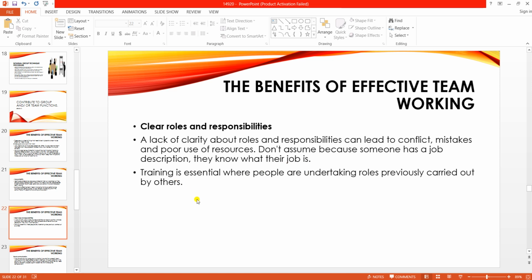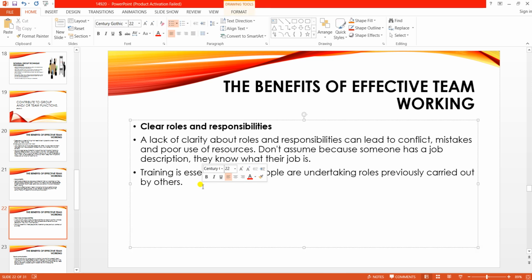And also the most important thing is training. Training is essential where people are undertaking roles previously carried out by others. In most instances within the team, it's advisable to have an expert who would do skills transfer to other employees, which assists the team to grasp the knowledge and skills to undertake tasks previously carried out by the expert, especially when they are no longer at the organization.